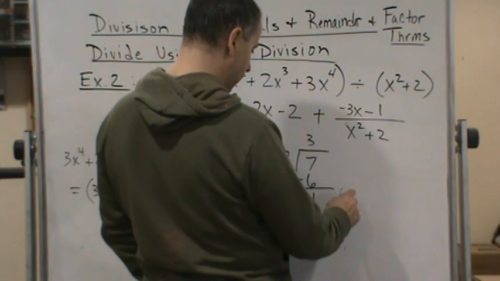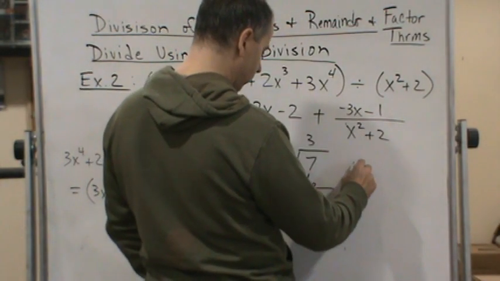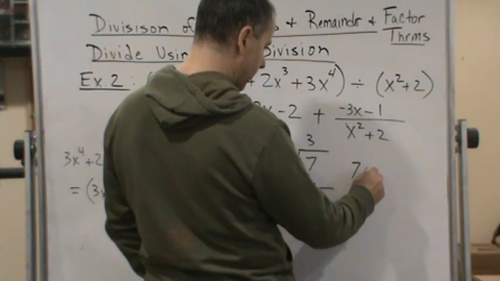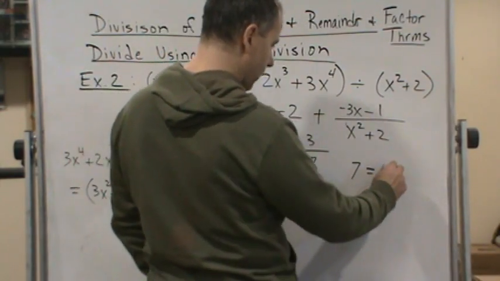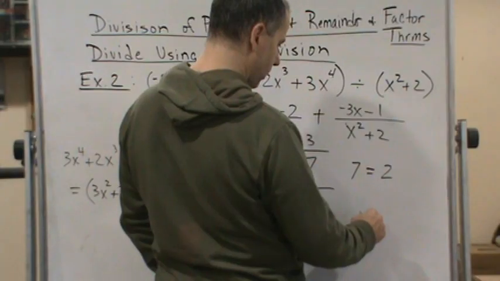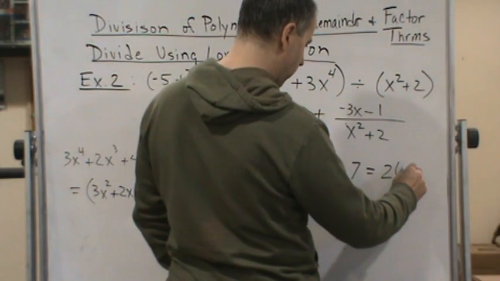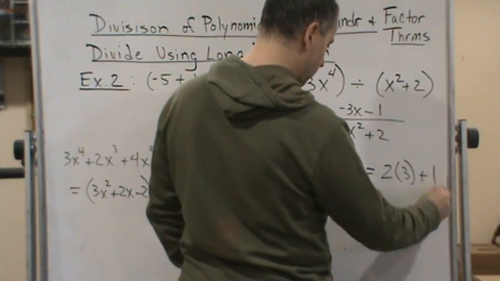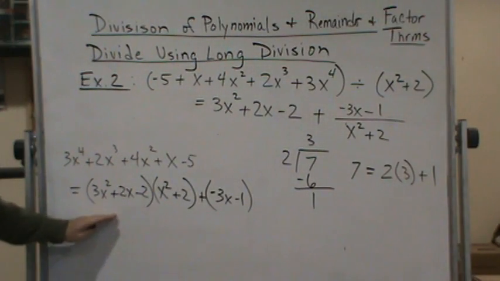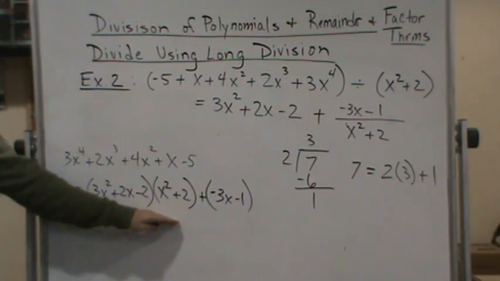That 7 can be written as 2 times 3 plus 1, which is exactly the division algorithm.